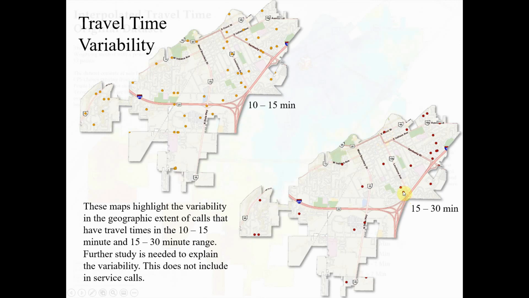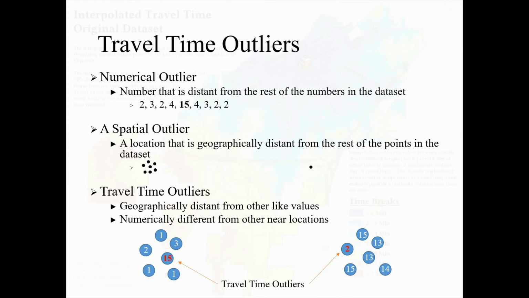And this one is 1.25 miles, 1.5 miles, and it shouldn't take 30 minutes, right? So this travel time variability, because of poor data, maybe somebody recorded the time wrong, creates these travel time outliers.